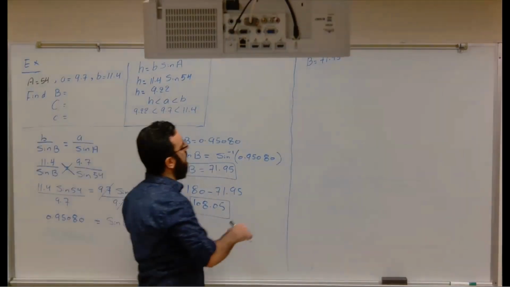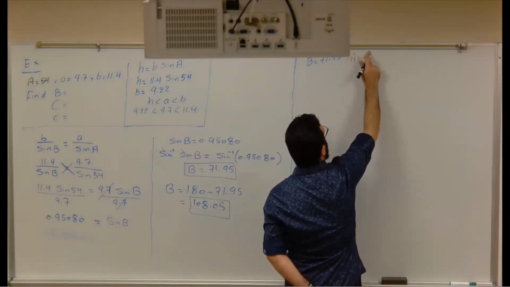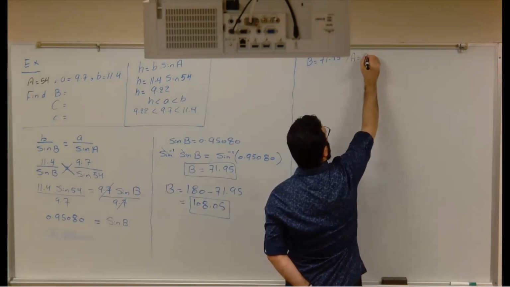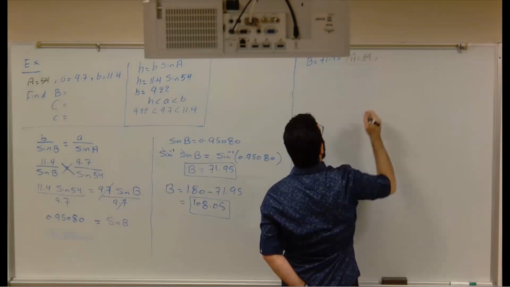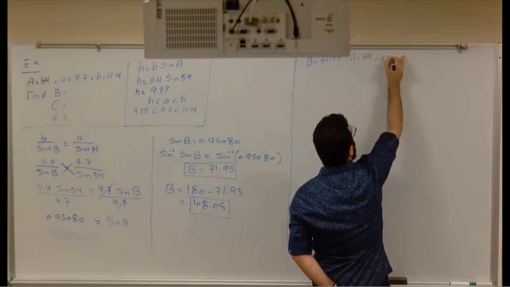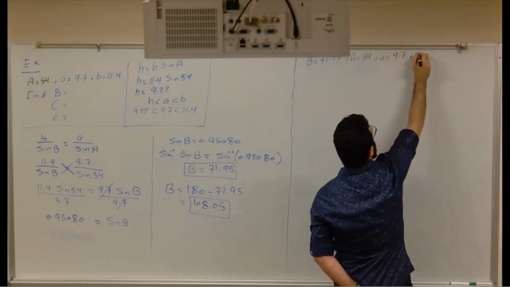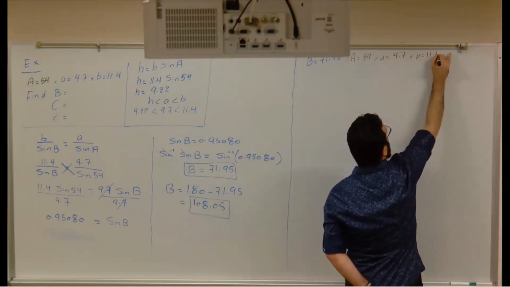And I have A equal 54, and the side A equal 9.7, and the side B equal 11.4.